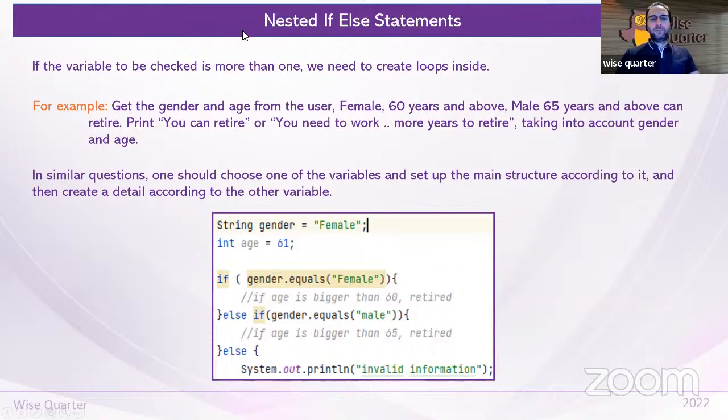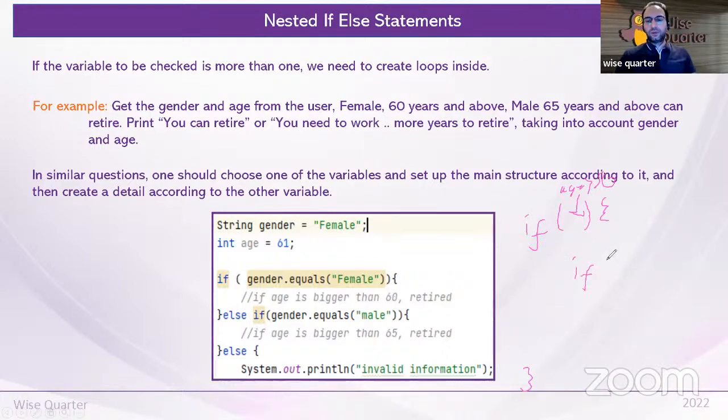This is an important topic, and if I remember correctly, this is the last step of the if-else statements. You know, nested if. From the name, you can understand we will have an if, and the condition here. If the age is higher than 50, this is the condition, let's say. But after checking this first one, if it is higher than 50, you want to check something else.